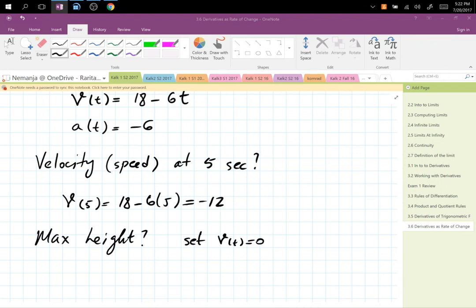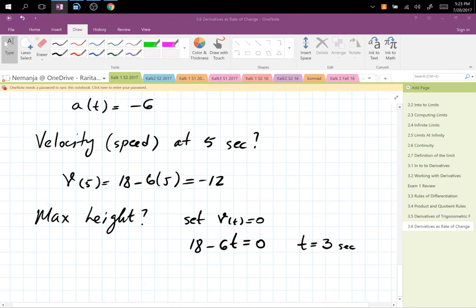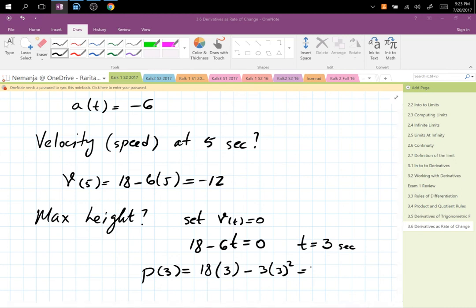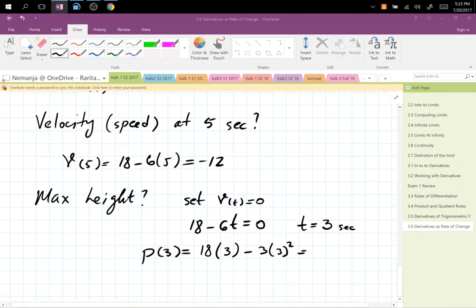Good. So we have 18 minus 6t equals 0. So t is equal to 3 seconds, right? Great. So now we are going to find p of 3, and that will tell us what the maximum height is. So 18 times 3 minus 3 times 3 squared. So the answer is? How do we compute this easily?